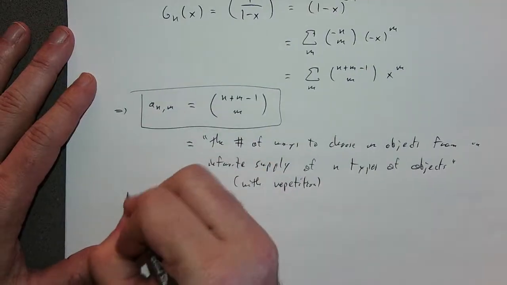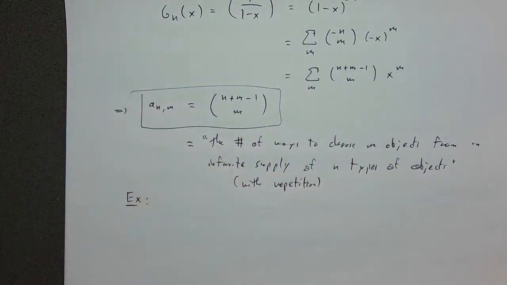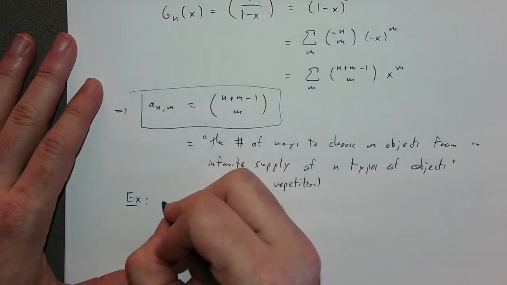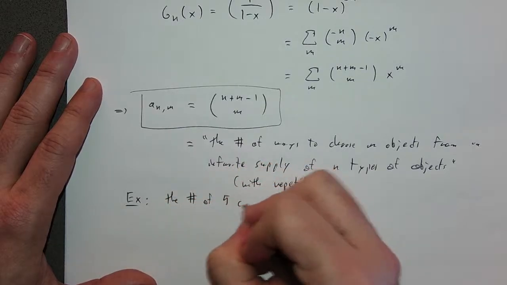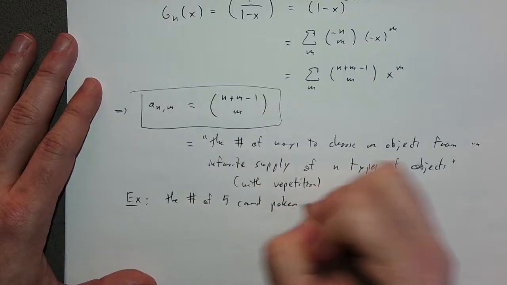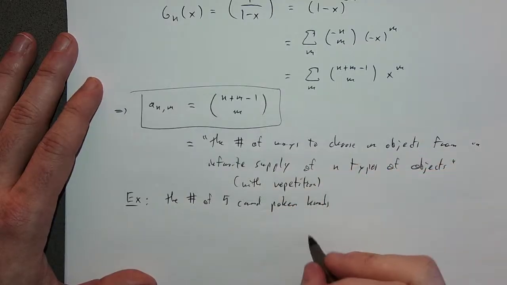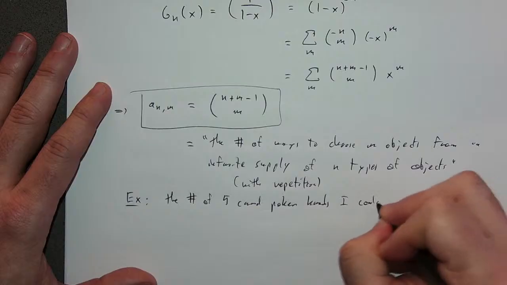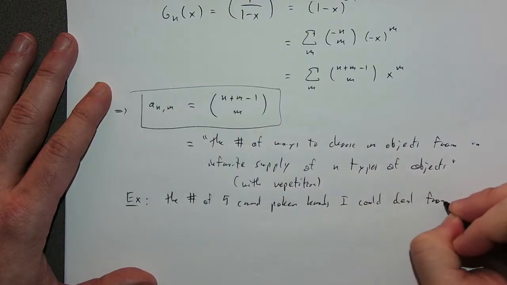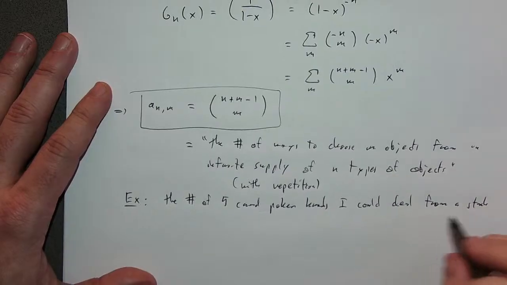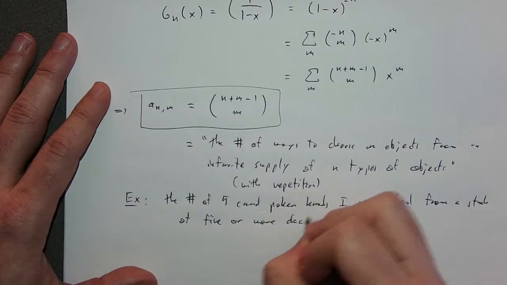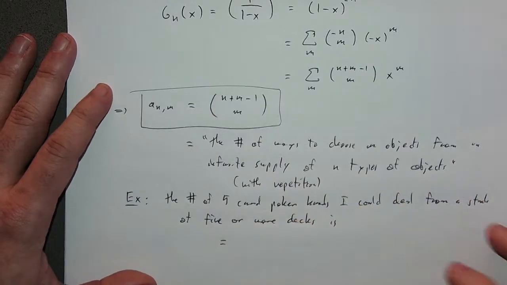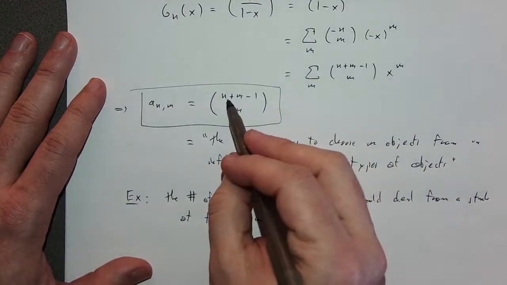So, quick example. How many 5-card poker hands could I deal from a stack of 5 or more decks? The number of 5-card poker hands I could deal from a stack of 5 or more decks is 56.